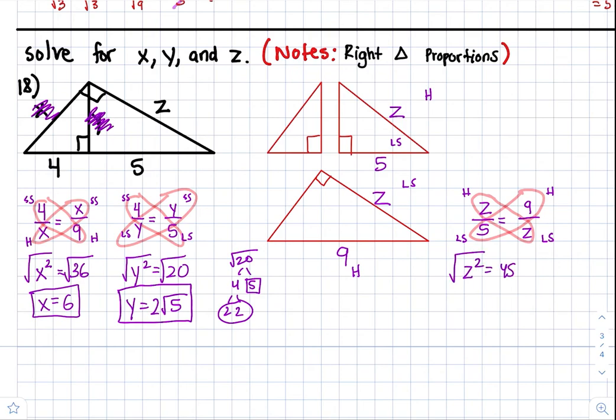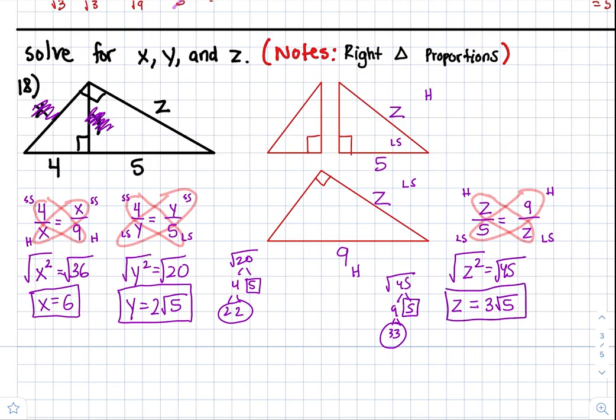Square root both sides so you can eliminate the second power. Now for 45, you gotta make a prime factorization tree. There is no perfect square for 45. 9 and 5, 3 and 3. Found a pair of 3s, left over a 5. So as a result, z is 3 square root of 5.